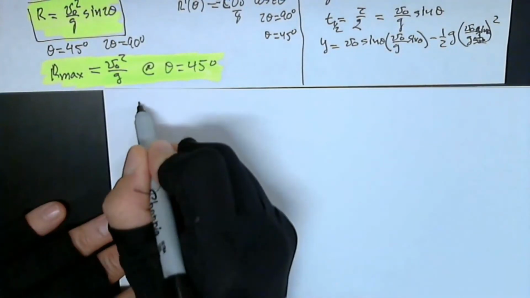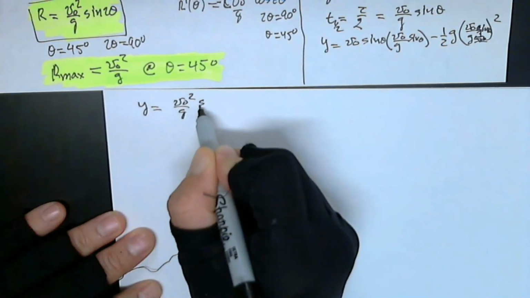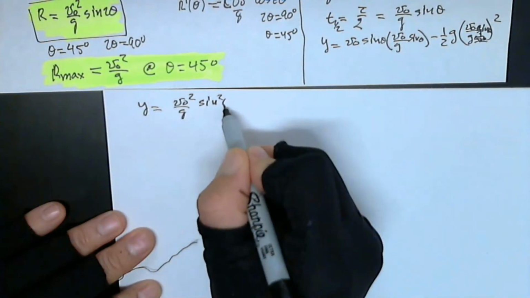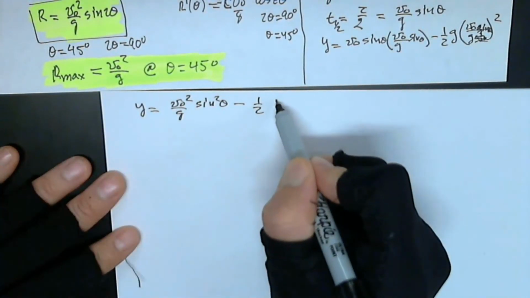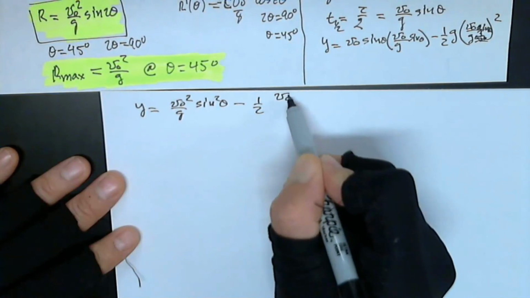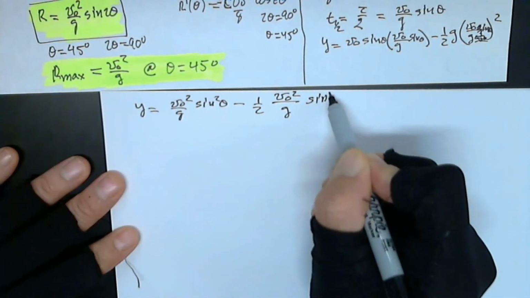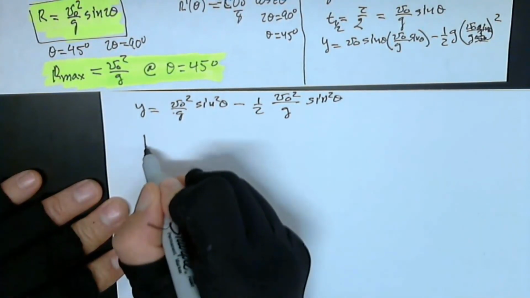Put over here, so you get y equals v naught squared over g, sine times sine is sine squared, minus 1/2. The g cancels, so you end up having v naught squared over g sine squared of theta times 1 minus a half, which is a half.